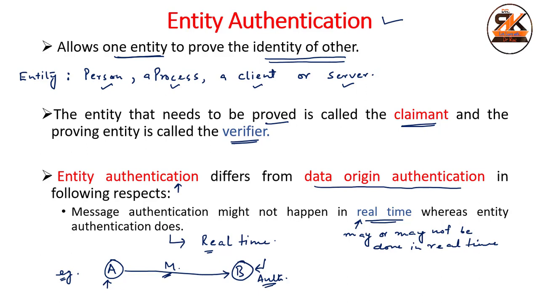Data origin authentication is required when an email is sent. So an example is email for data origin authentication or message authentication. Email is sent by Alice to Bob, and Alice may stay online or go offline after sending the message.